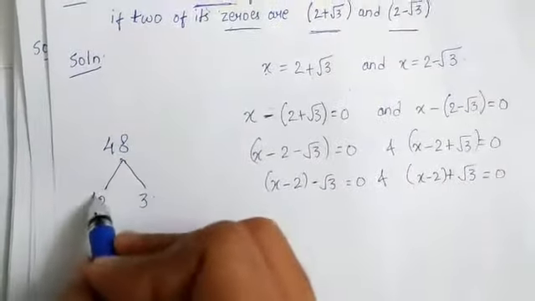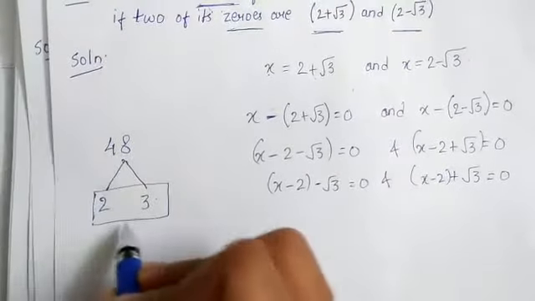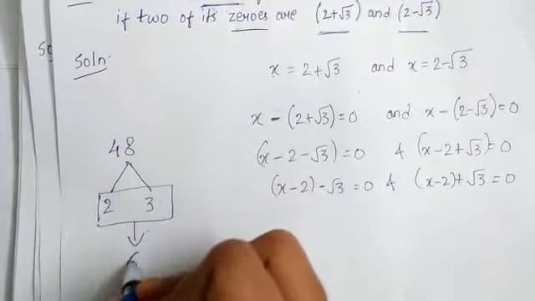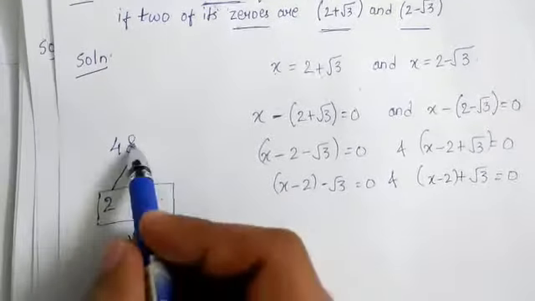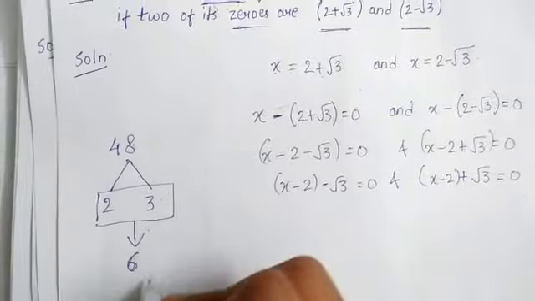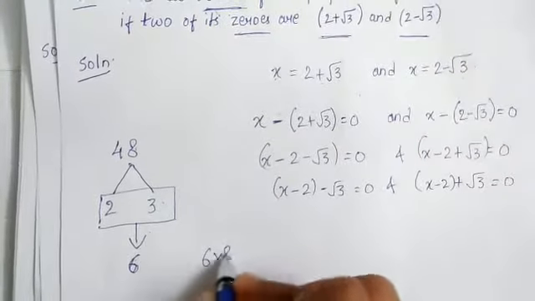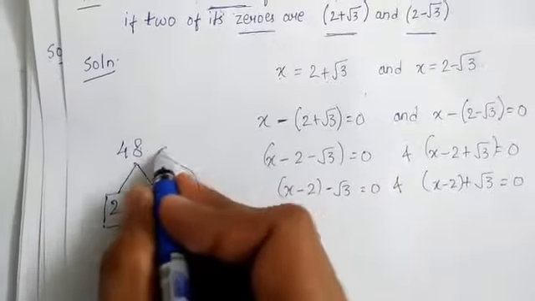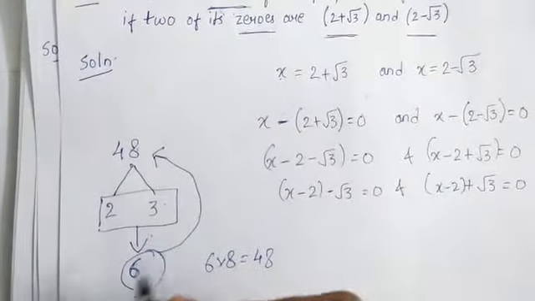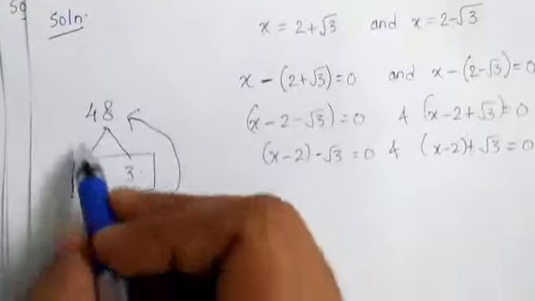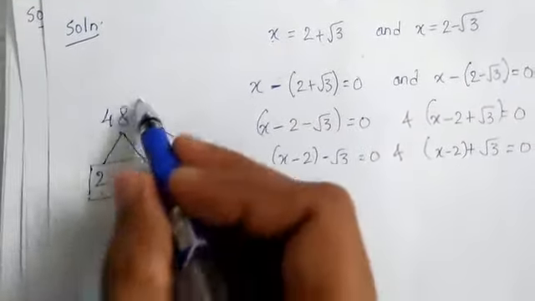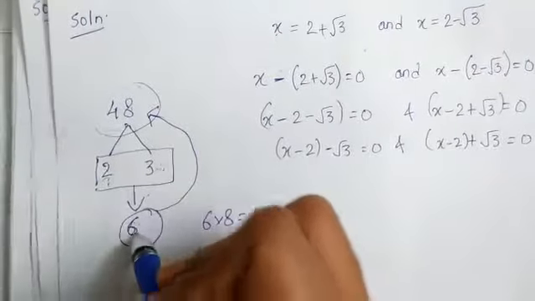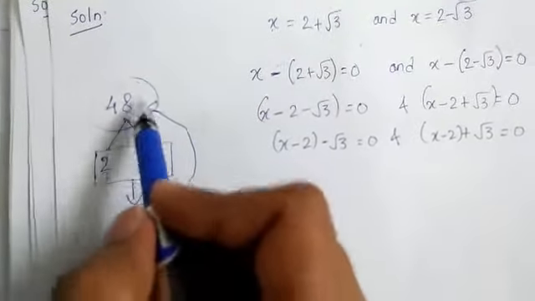So if you multiply both these factors, that will result in 6. If you check, 6 can also divide 48. You can simply say 6 8s are 48. So 6 is also one of the factors of the given number. So the conclusion is, if you're given two factors of any particular number, the multiplication of both of these factors will also be a factor of the given number.